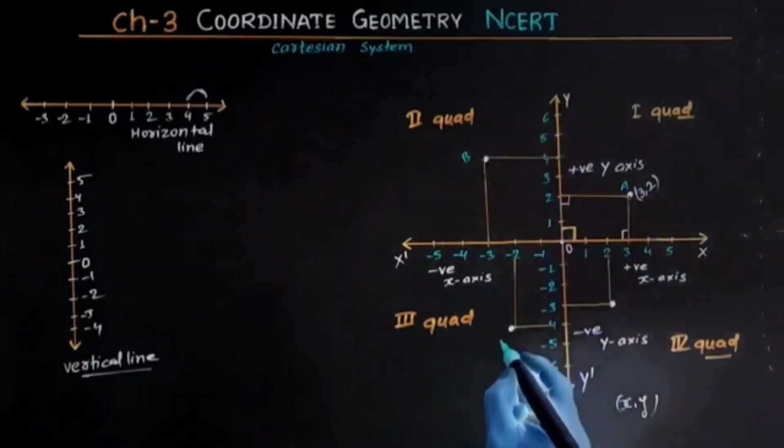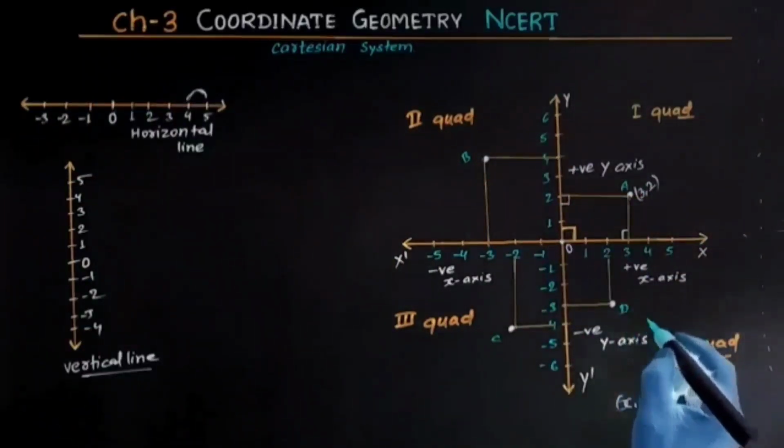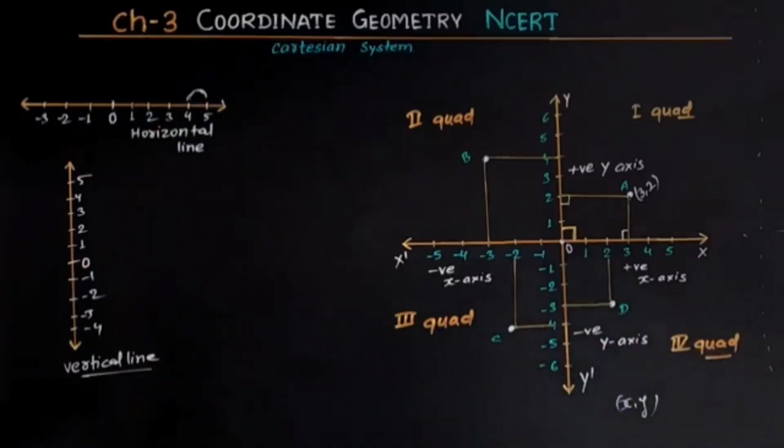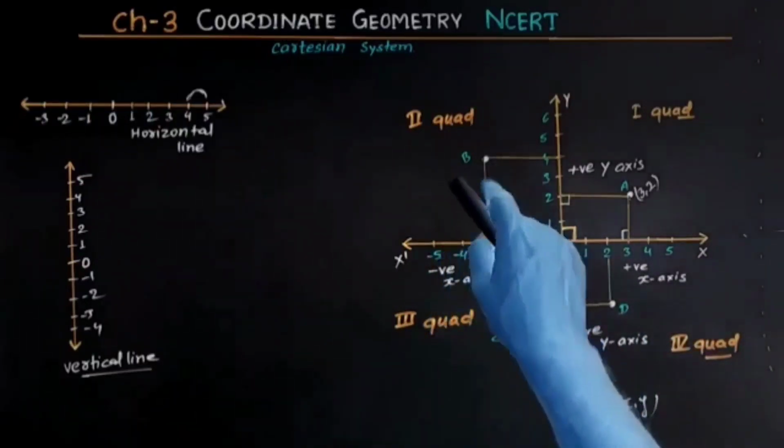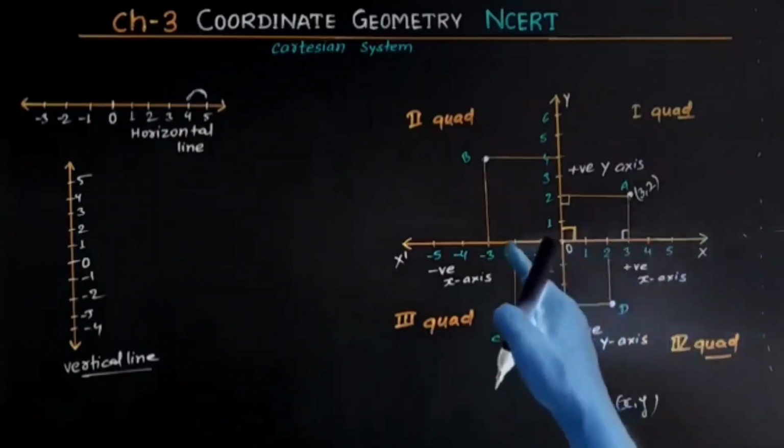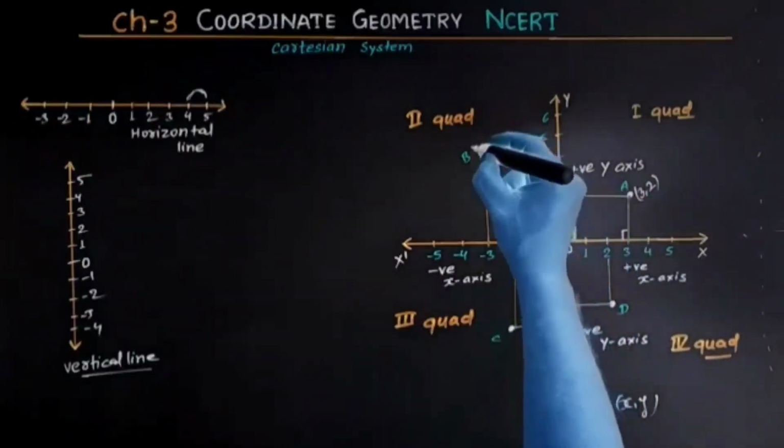Let me write the names: point A, point C and point D. Let us find out the coordinate of point B.